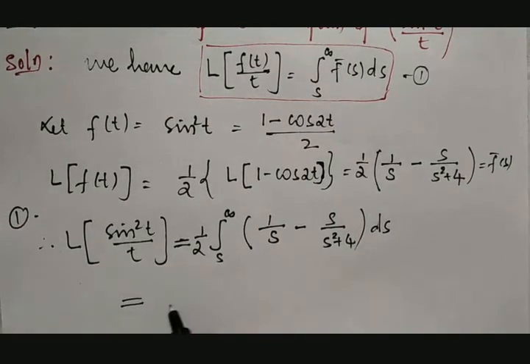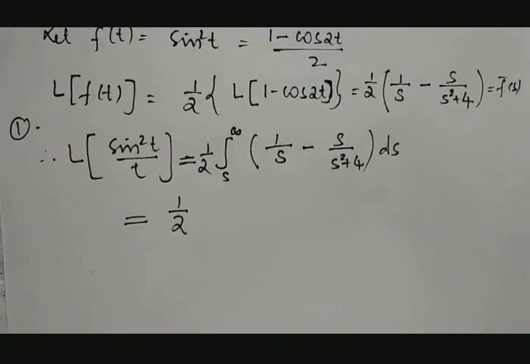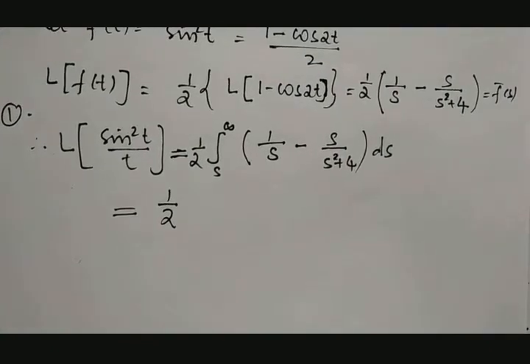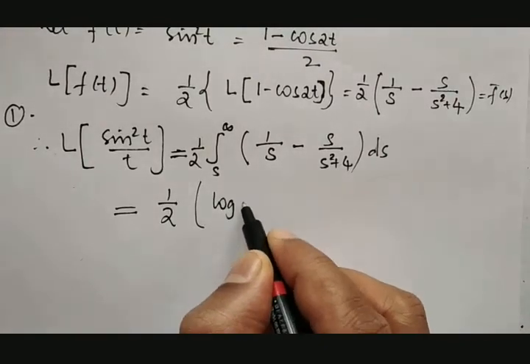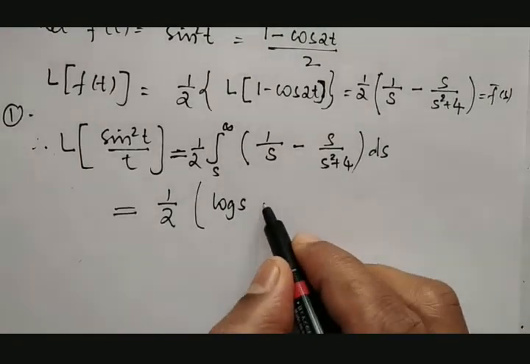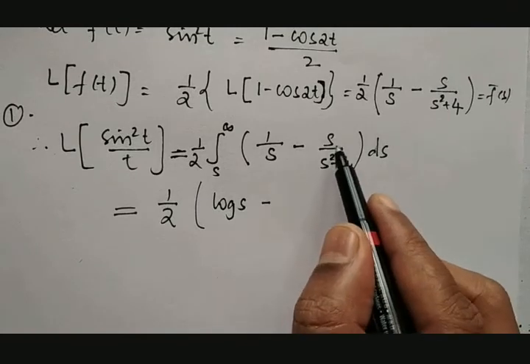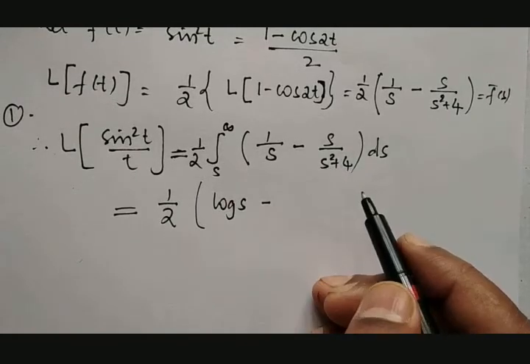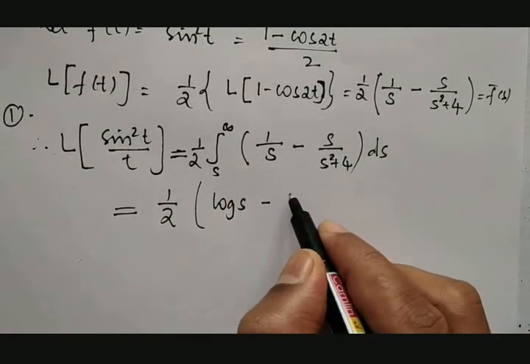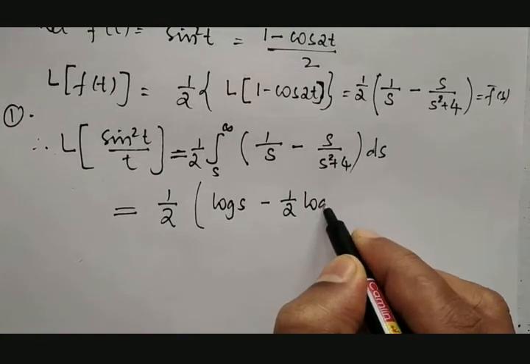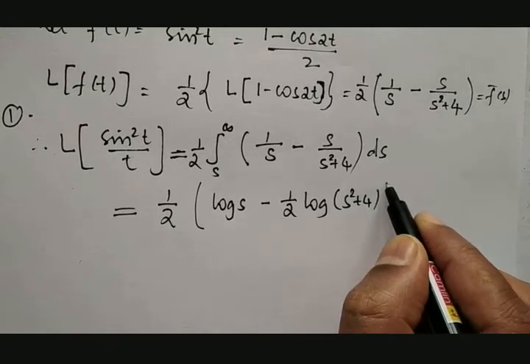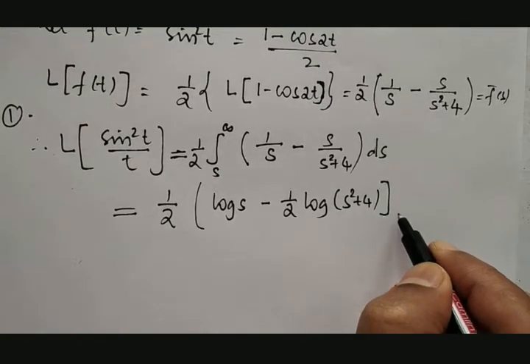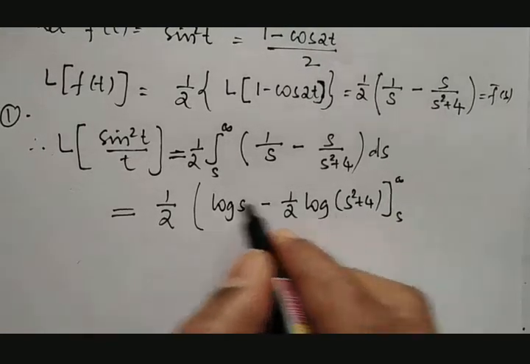Therefore, this is equal to 1 divided by 2 into the integration of 1 by s, which is log s, minus the integration of s divided by s square plus 4, which is 1 divided by 2 into log of s square plus 4, between s to infinity.